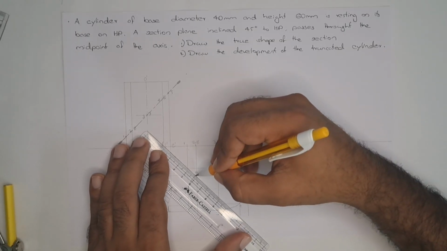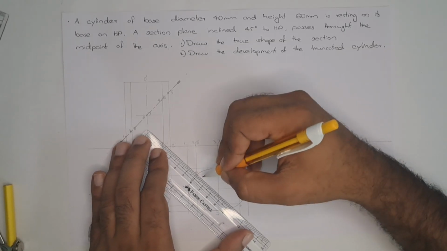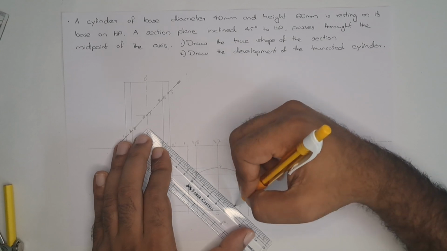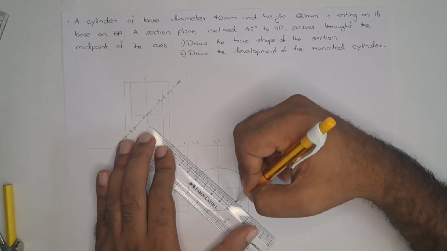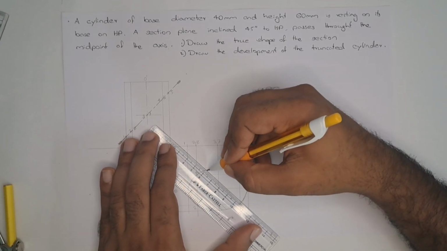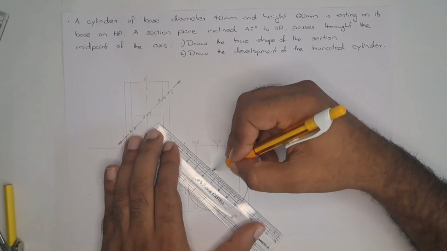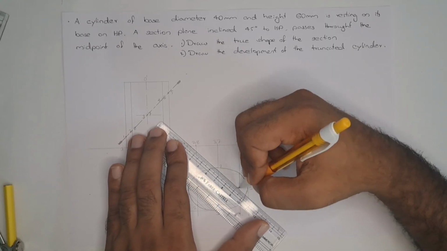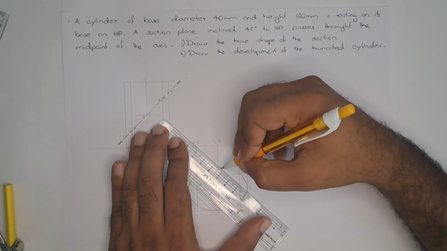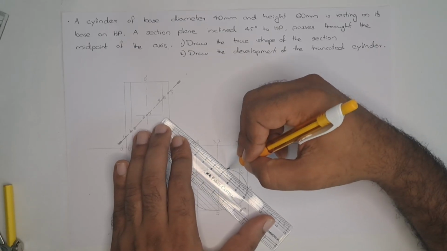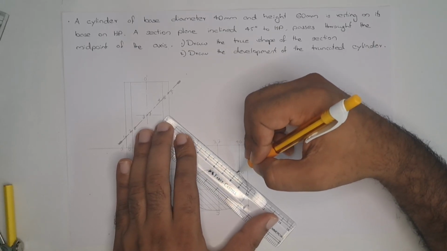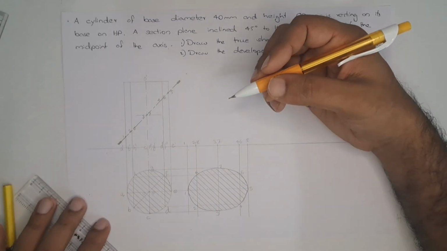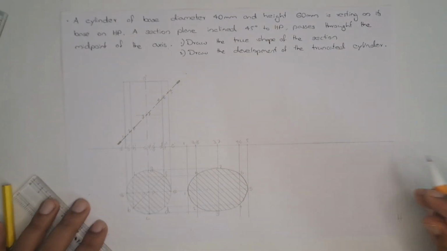Thin line, 1 to 3 mm gap, equally inclined, and it must be 45 degrees with respect to the XY line. So the outer is completed.